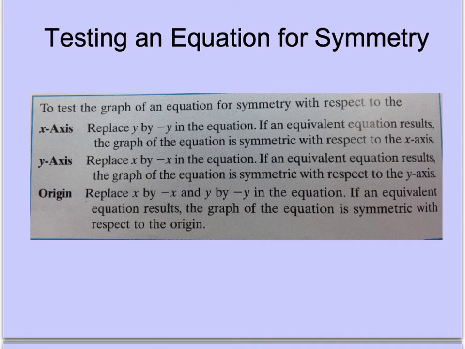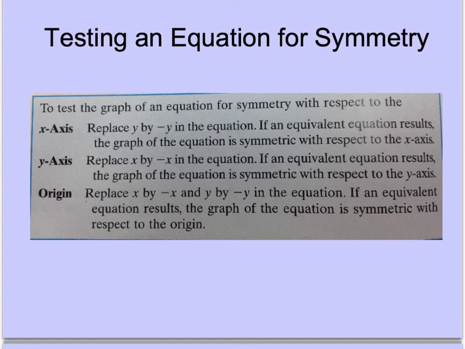Now I've given an equation and we want to test it for symmetry. Here's how we do it. With respect to the x-axis, we replace y with -y, and if we get a resulting equation that is equivalent, then that means it's symmetric with respect to the x-axis.